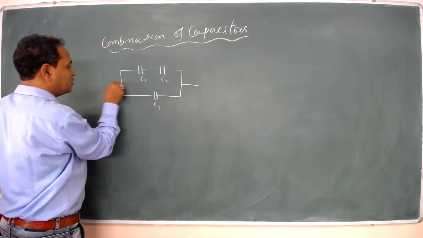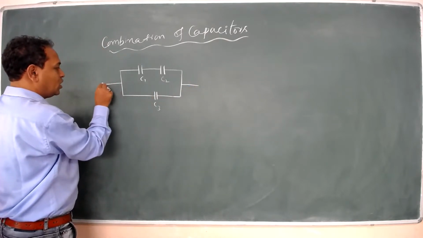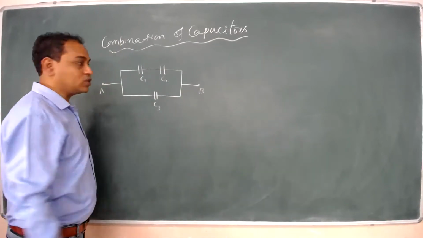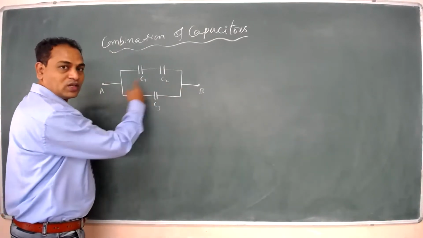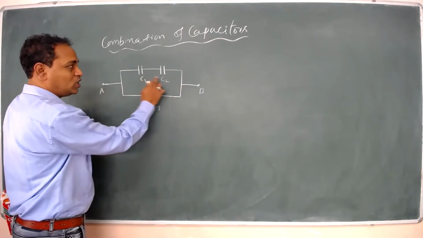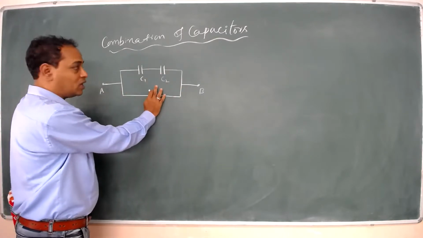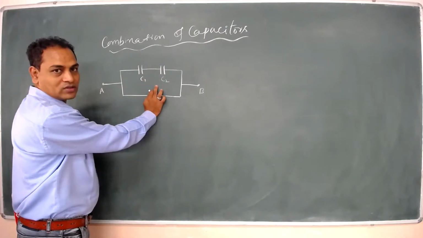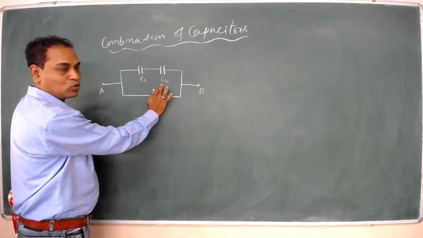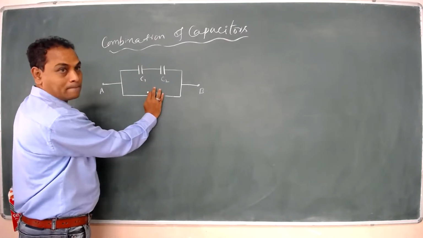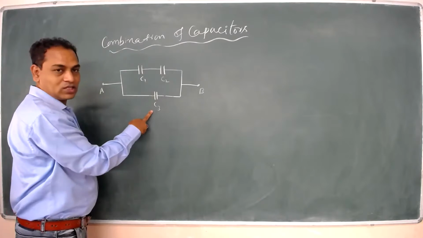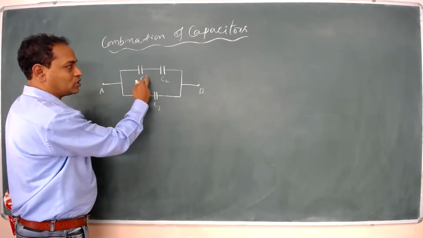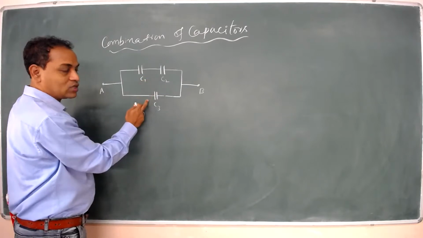Now this is one end, this is the other end. The question asks what is the effective capacitance between A and B. If only these two were there and this one was not, then between A and B we could say that these two are in series, so we could write 1 by C1 plus 1 by C2. But here, with one more capacitor connected like this, we cannot say that it is simply 1 by C1 plus 1 by C2. Now we have to consider this also.